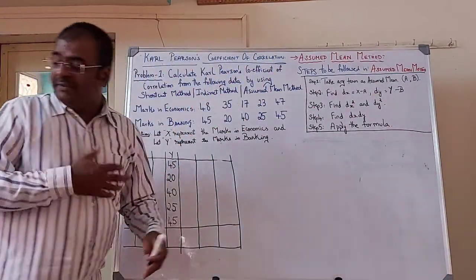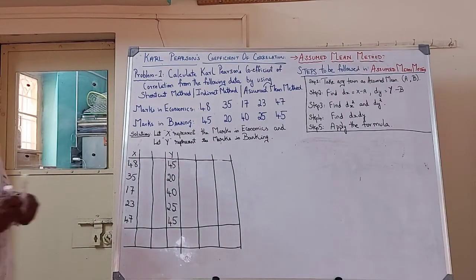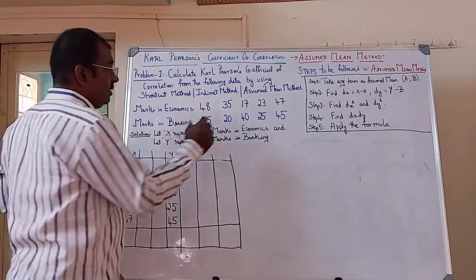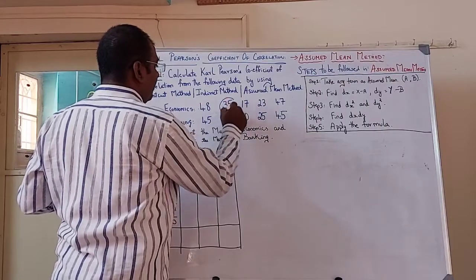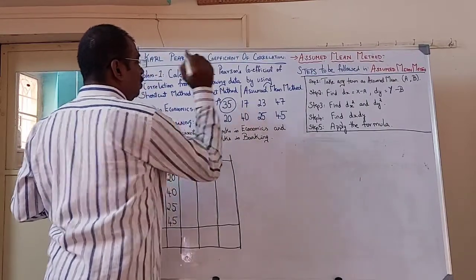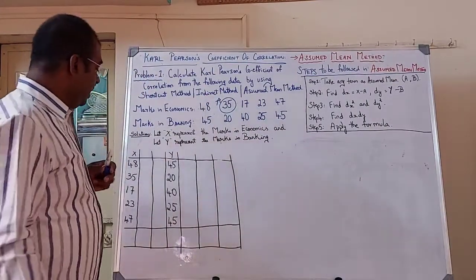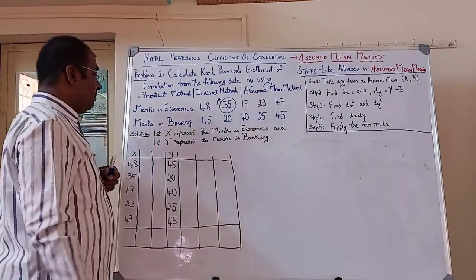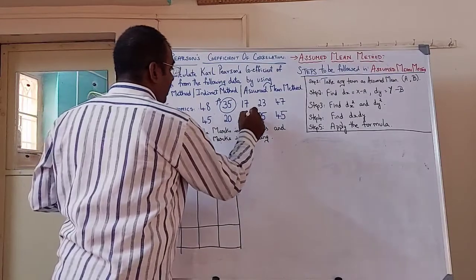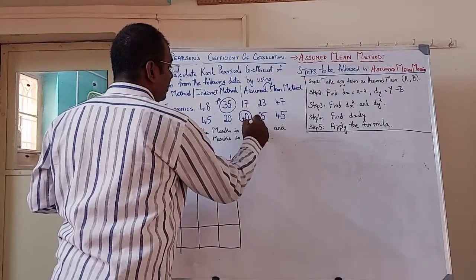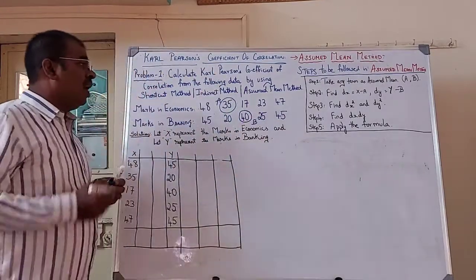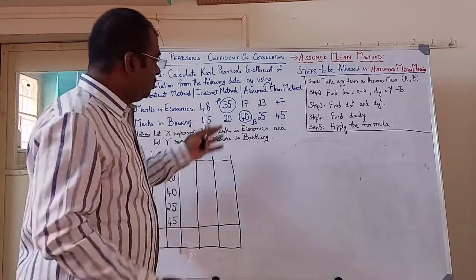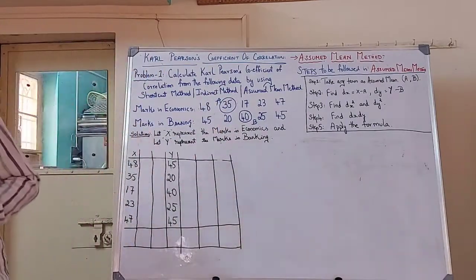Now out of these values, let us choose 35 as the assumed mean A, and out of these values, let me choose 40 as assumed value of B.